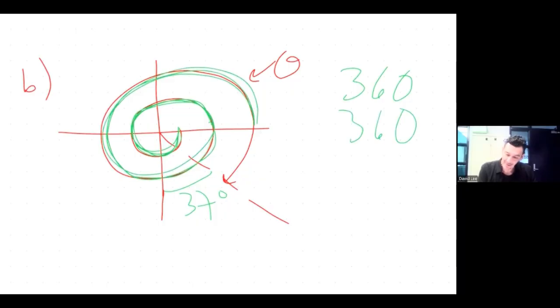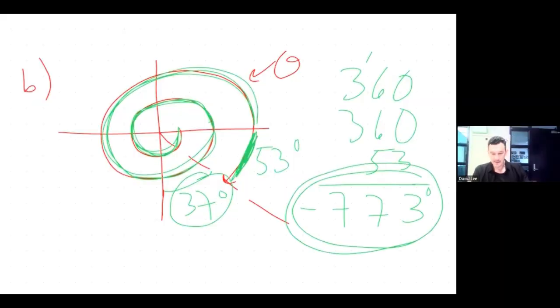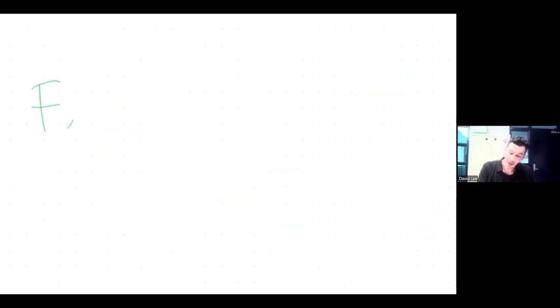So all that's left is this extra snippet here. So do what you did earlier. Take the 37 away from 90, and that'll give you back 53 degrees. So let's add a 53 on top of those guys and make it negative, and we're done. Negative 773 degrees.